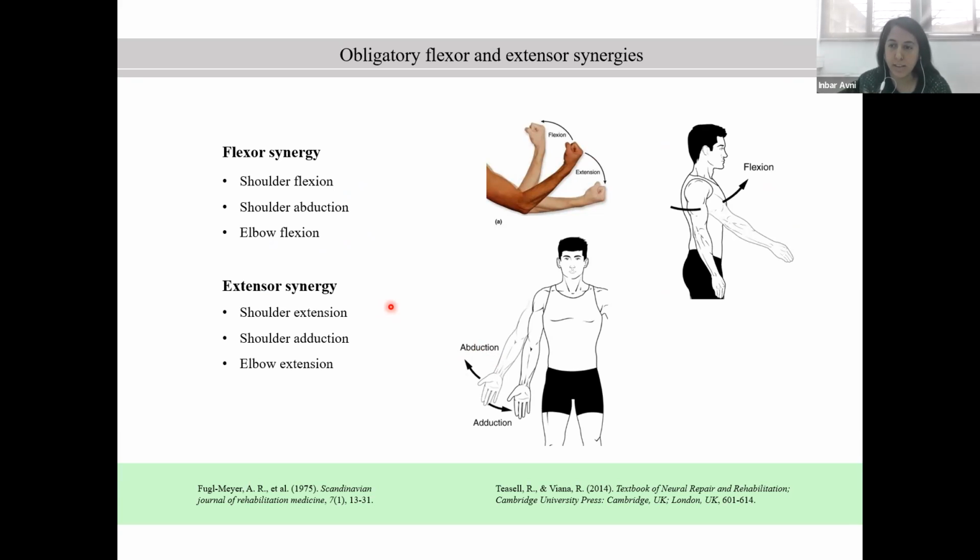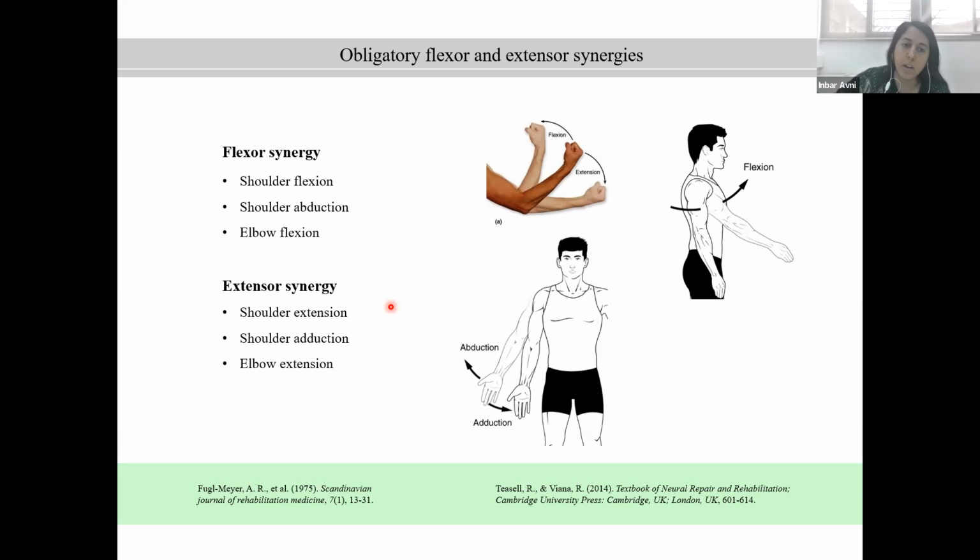And due to these synergies, patients can execute tasks with coupled joint movements that are perhaps inappropriate for the completion of the task goal. Let's think about a patient who is trying to reach an item on a shelf. That would involve the lifting of the shoulder, but it could also involve the involuntary bending of the elbow also.